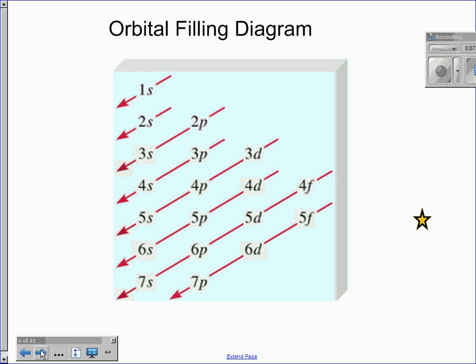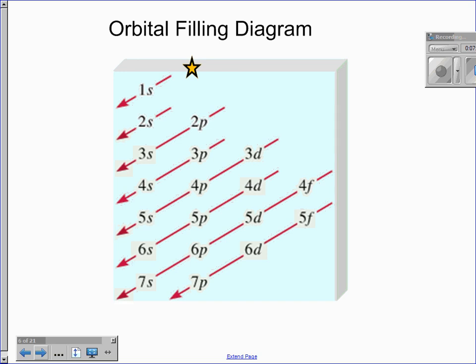Okay, now let's go to your sheet here. This sheet shows us how we establish the address, or the electron configuration, of an atom. In other words, where is every single electron within an atom located?